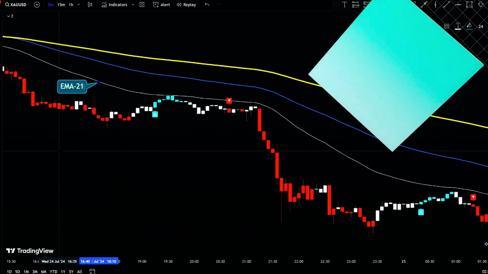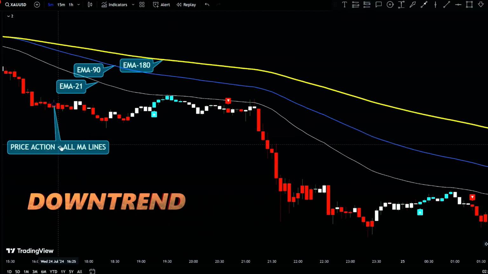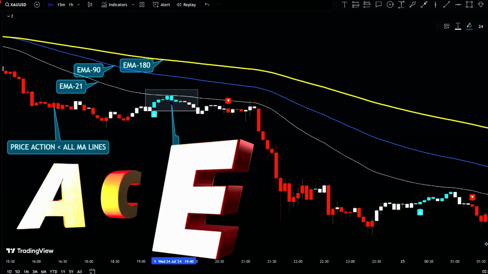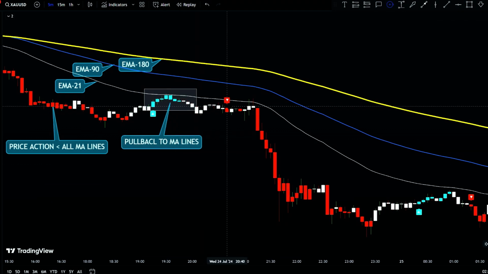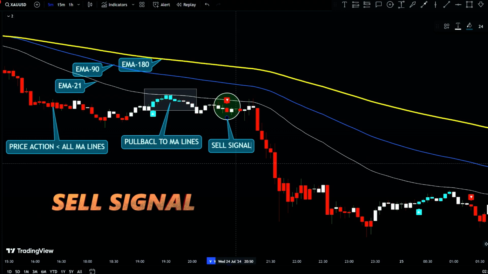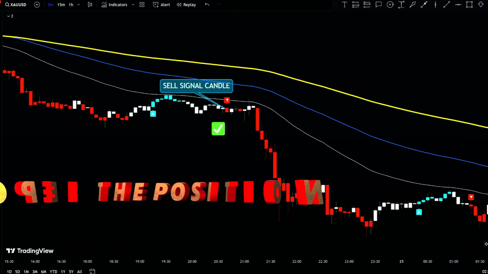And the sell trade. First, make sure you've got a downtrend on your hands. Once that's confirmed, keep an eye out for the price action to rally up to one of the moving average lines. This is where things get interesting. We wait for a sell signal as the price starts heading back down below the MA line. When all these conditions are in place, it's time to pounce.